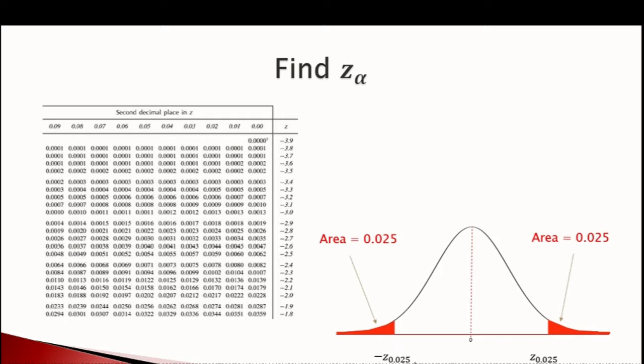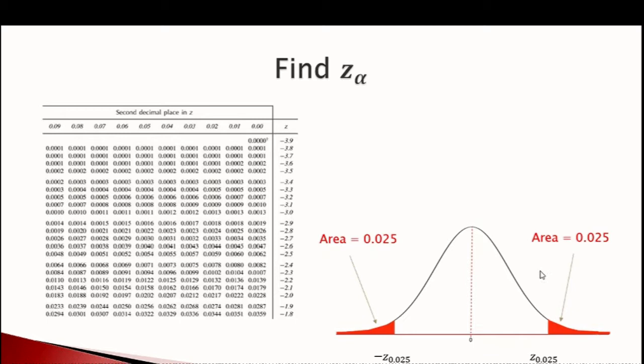As you remember, one of the properties of the standard normal curve is that it is symmetric. There are actually several ways to solve this question, but I will show you the simplest one. Because they're symmetric, the area to the left of negative z sub 0.025 is also the same as 0.025, equal to the right tail.